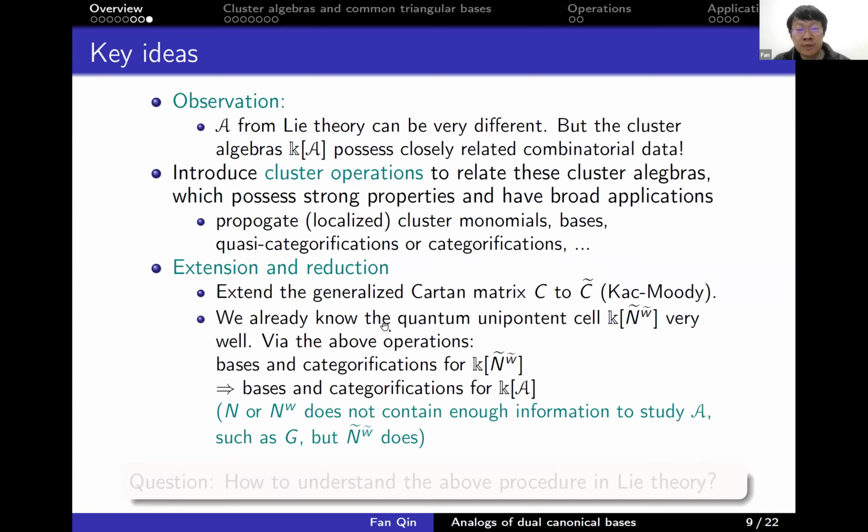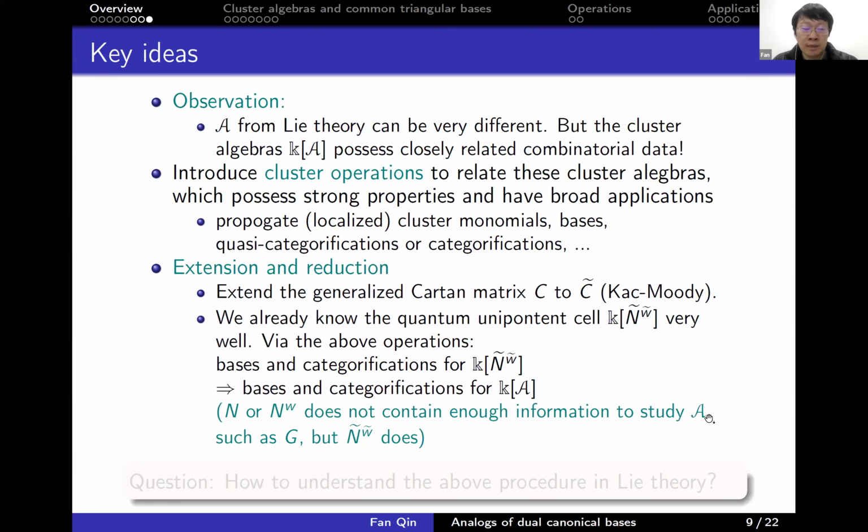So why do we need to first extend the Cartan matrix? Because what we know, we already know the quantum groups, as I said in the introduction, we know the quantum groups very well. But if you think about the quantum groups as the coordinate ring over N or its subvariety N^w, so N is like the upper triangular matrices, right? So usually it does not contain enough information to study other Lie theoretic varieties.